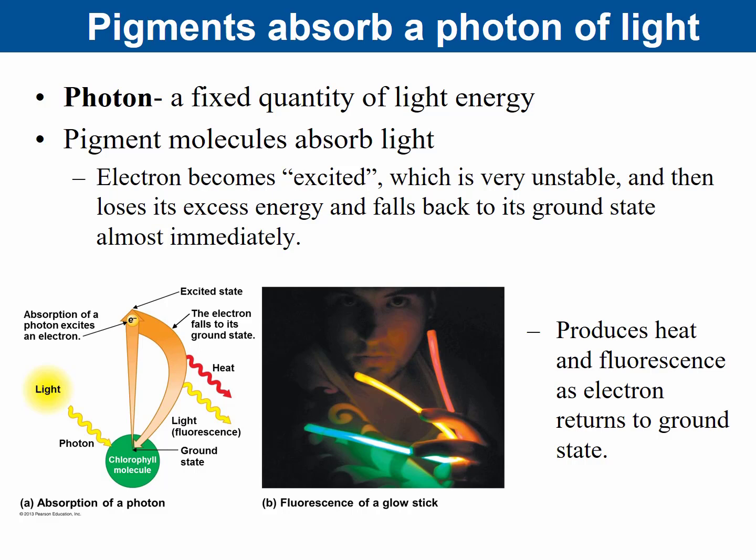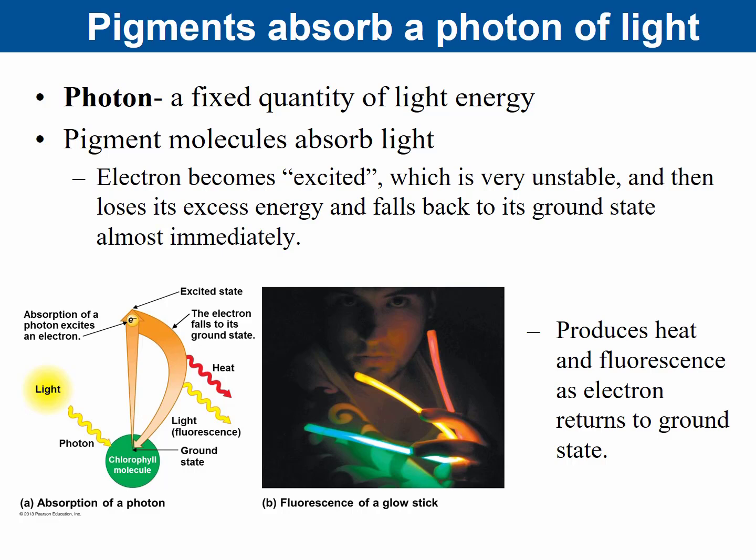Now, when light, which has photons, hits those electrons, it excites the electron and takes it to a higher energy state. Now, that state is not going to be sustained forever. The electron is then going to fall down to its ground state and return back to normal. When it falls back down to its ground state, it gives off a little bit of heat and also some fluorescence.